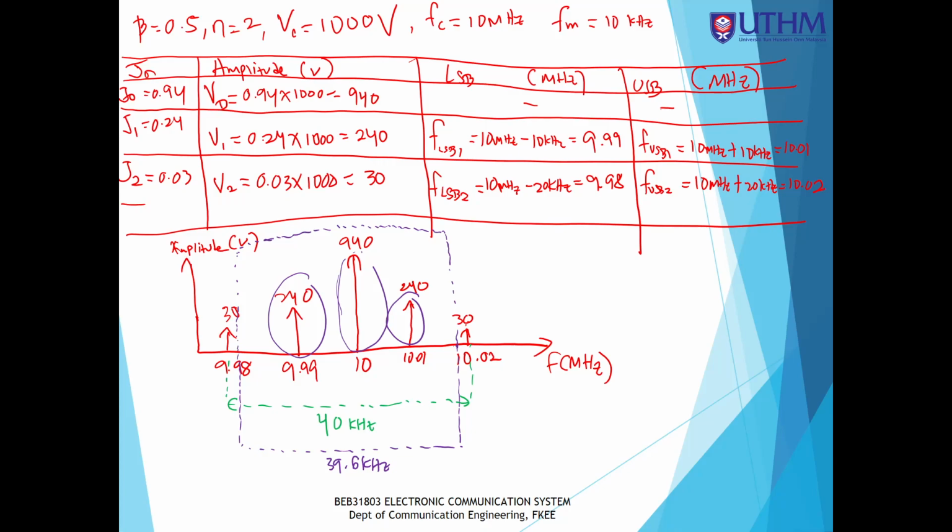If you cut the total spectrum into 99% of the Bessel bandwidth, there will be the carrier component and the first pair of sidebands.